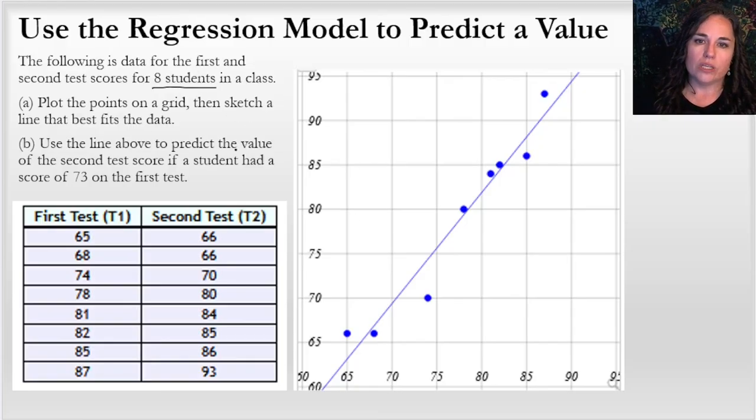It says plot the points, so they just give the points here, and what I did was I showed the solution. On this graph, you're going to put these points. Each one of these points, you're going to plot on that graph. And then it says plot the points on the grid and then sketch a line that best fits the data. So you're going to kind of eyeball it. You're going to choose a line and go from one point to another across the graph.